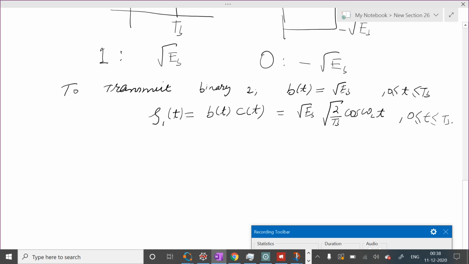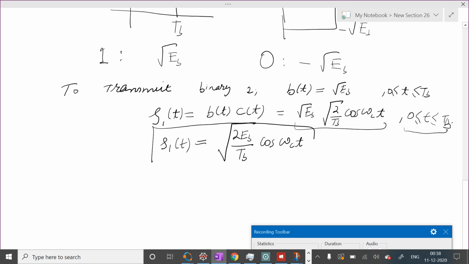So this can be transmitted over the antenna. If you transmit this signal over the antenna for time period Tb, this will represent that binary 1 is transmitted. Which can be written as root of 2 Eb divided by Tb cos omega_c t. So this is the representation of binary 1.